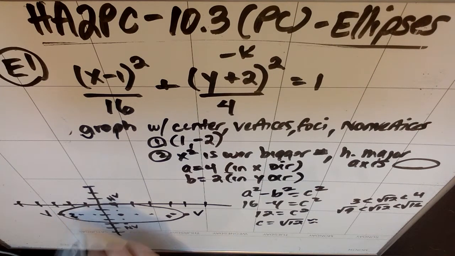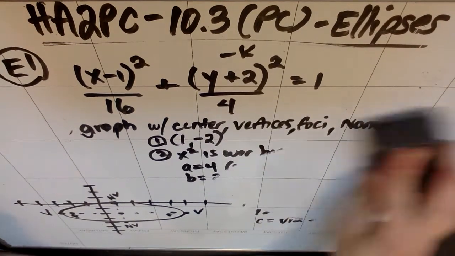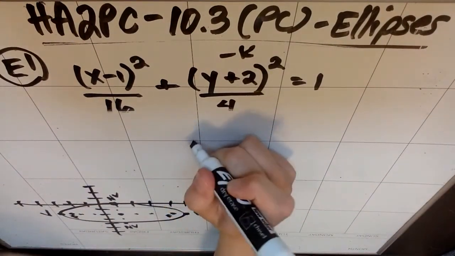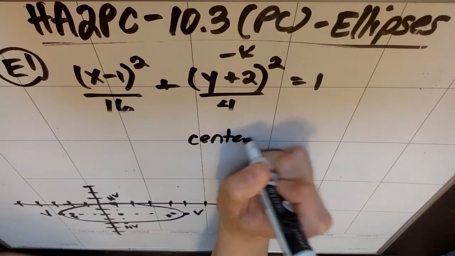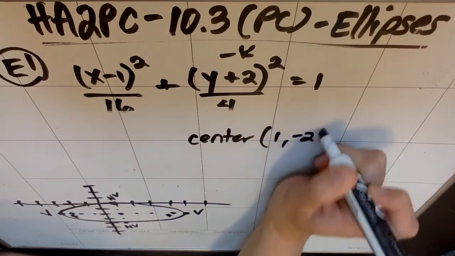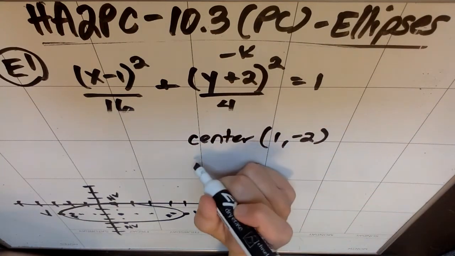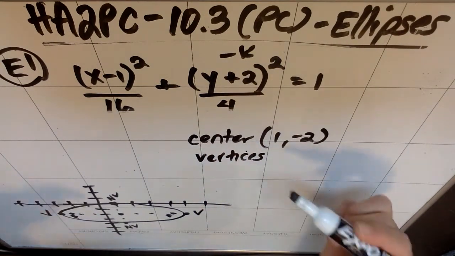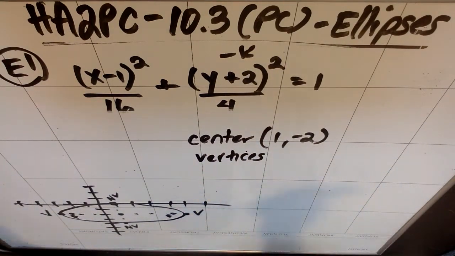Now, if you were asked to find the coordinates of all these, which we can do real quick, then you have to be a little bit more specific. My center, we already established, was 1 comma negative 2. For my vertices, I moved right and left 4 units.